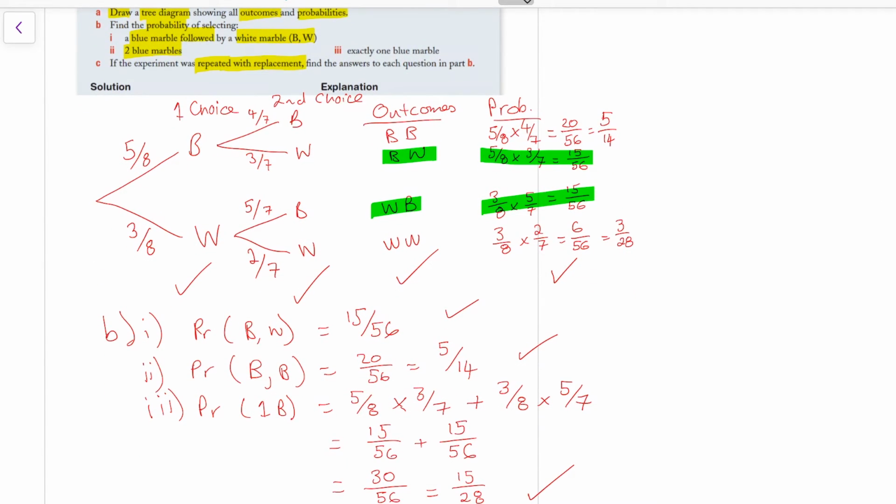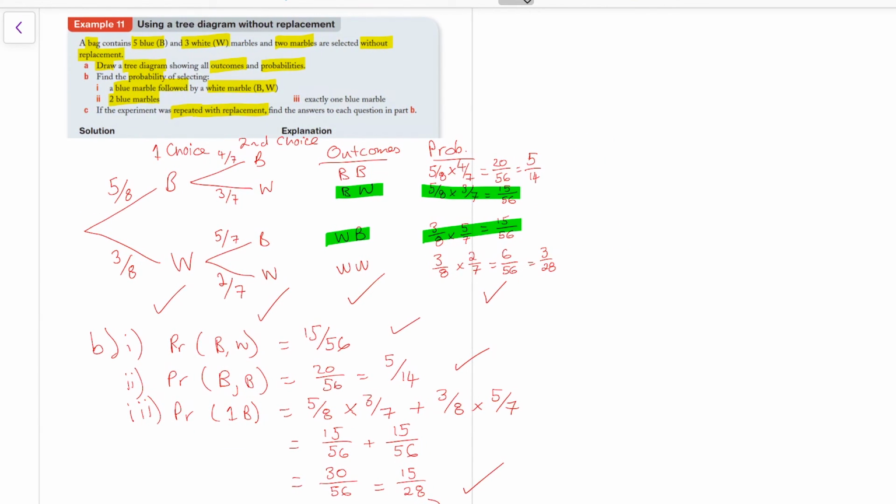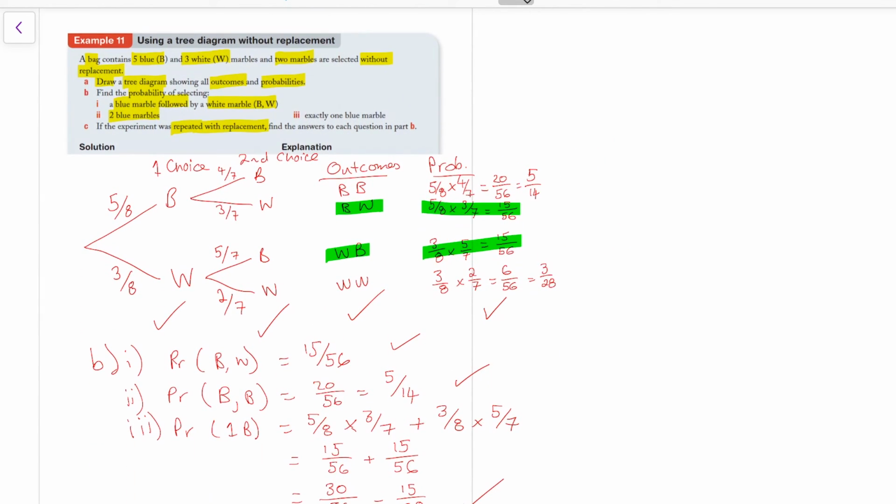If you would like to have a go at doing question C, then in your textbook, have a look at the result for that on page 182. That will tell you what the result is for C, okay? Hopefully this makes a little bit more sense and you will be okay with completing the questions.